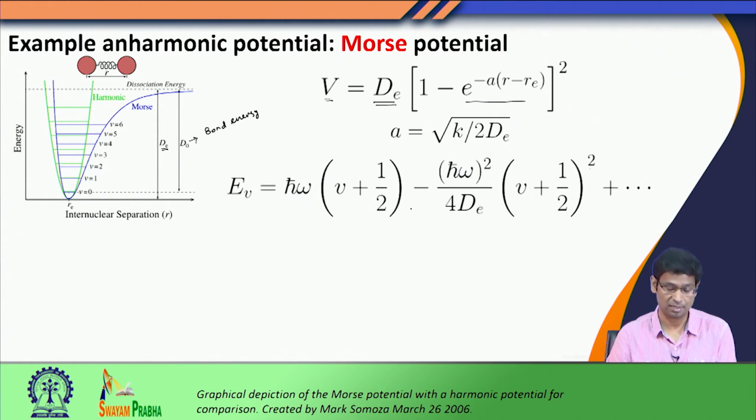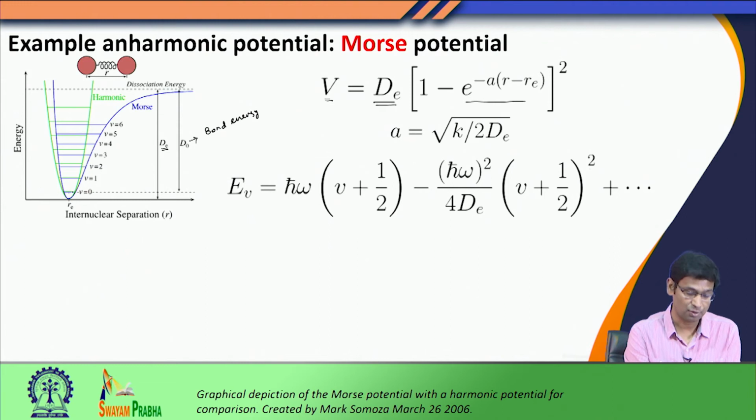One interesting thing you would notice is that the correction term the Morse oscillator provides depends on V plus half squared. So when V is small, the correction term is also small. As V increases, the correction term becomes larger. Since the correction energy is subtracted, at larger values of V this correction term will bring the higher energy levels closer to each other.